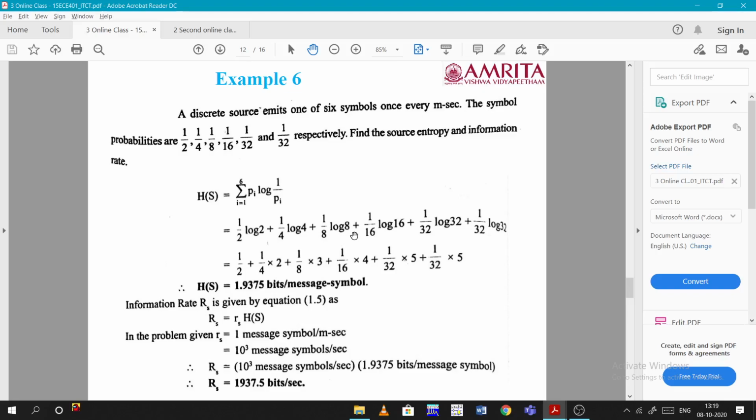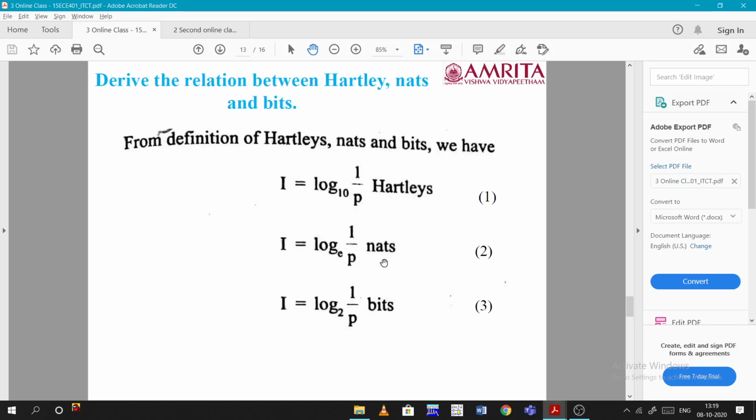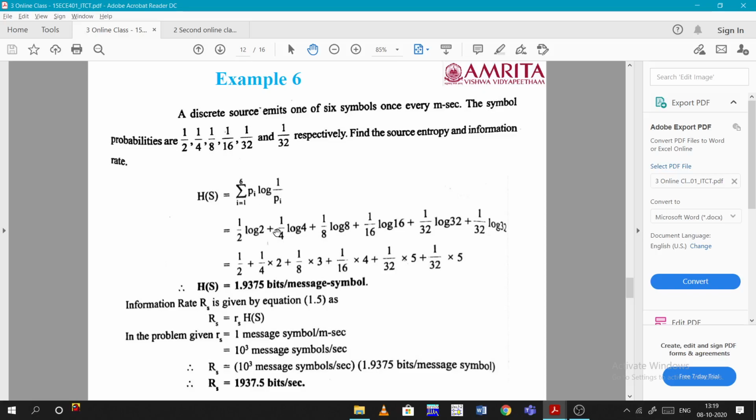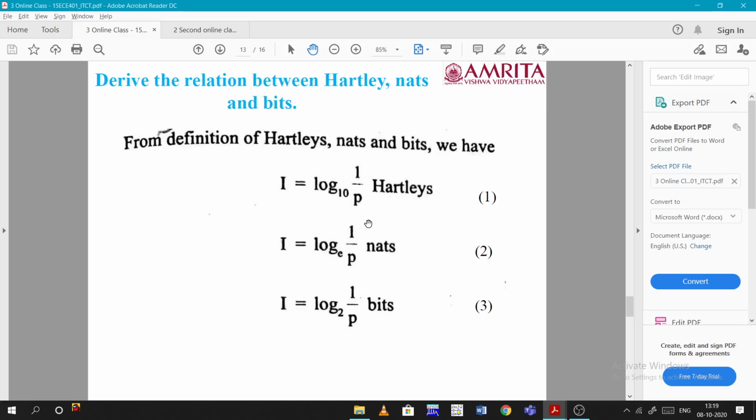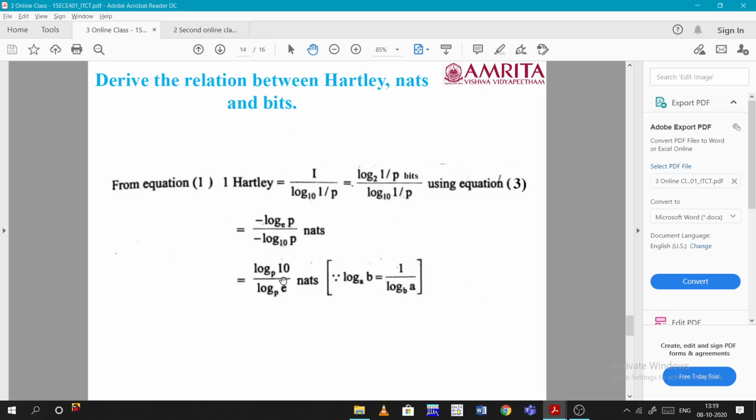That's why we write bits here. By default in this subject, if nothing is mentioned about the base, it is base 2. If it is base 10, you get Hartleys; if it is base e, it is nats; and if it is base 2, it is bits. So this is an equation to convert one from the other.